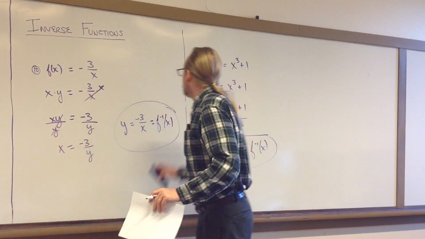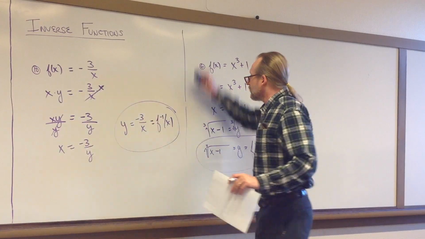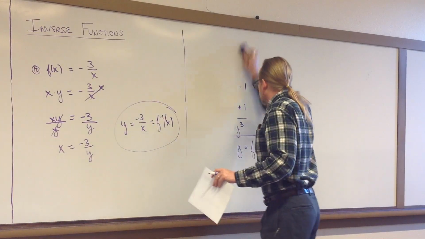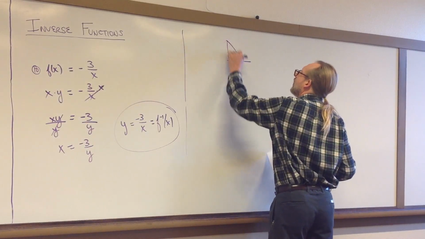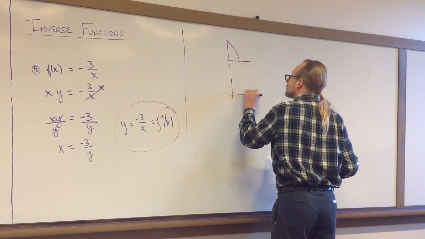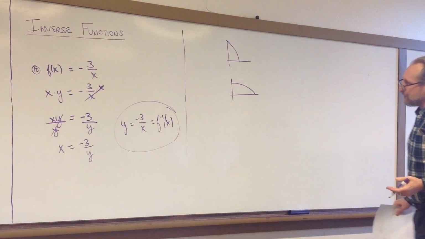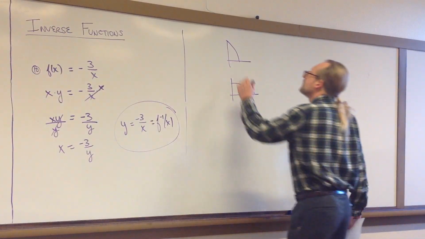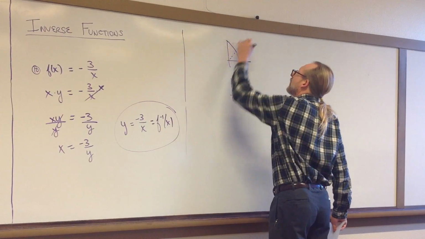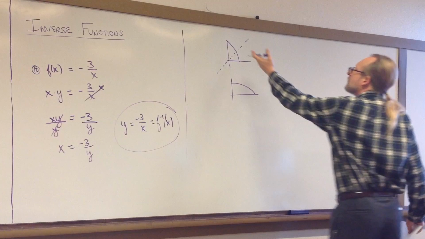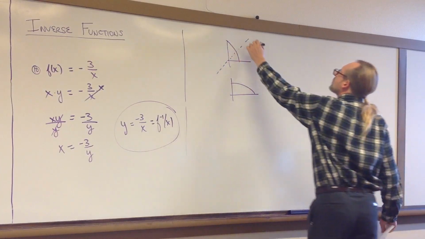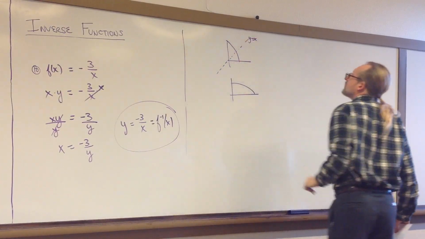Okay? If you remember the graphs that I drew for those example inverses, you could see that they kept the same shape. What happens because of that thing where we swap the x's and y's, an inverse function will be the original function reflected over the line y equals x.